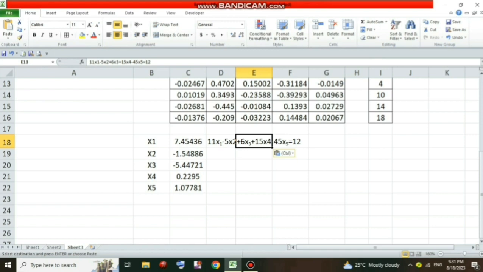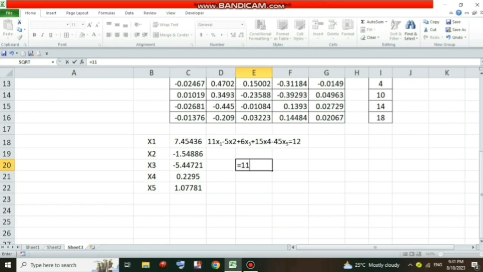Let me type 11 x1 minus 5 x2 plus 6 x3 plus 15 x4 minus 45 x5 equal to 12. I have to get the answer as 12.